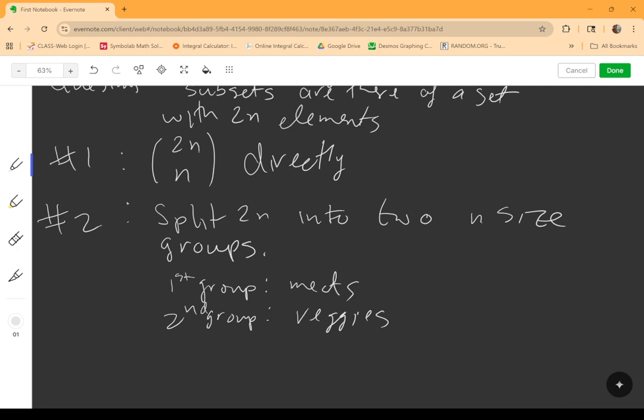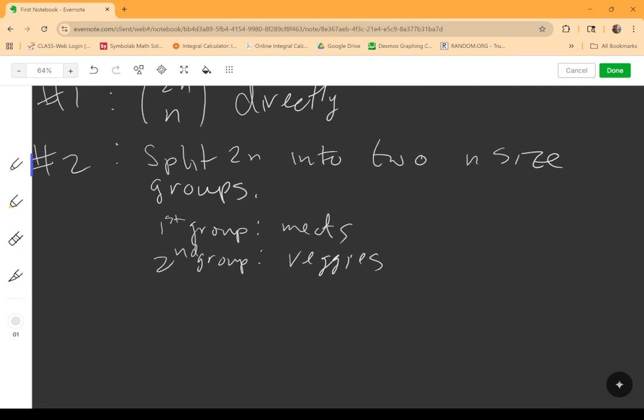So that means that if I choose k meats, then we are left to choose n minus k veggies. So this is for an n topping pizza.